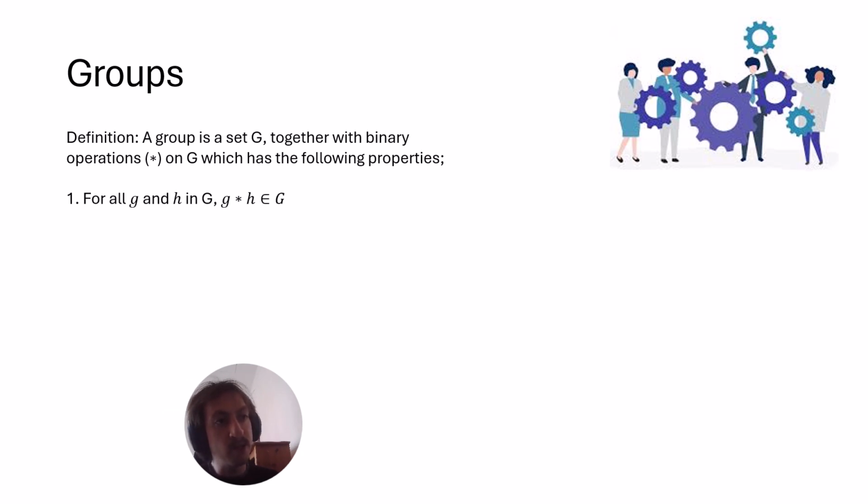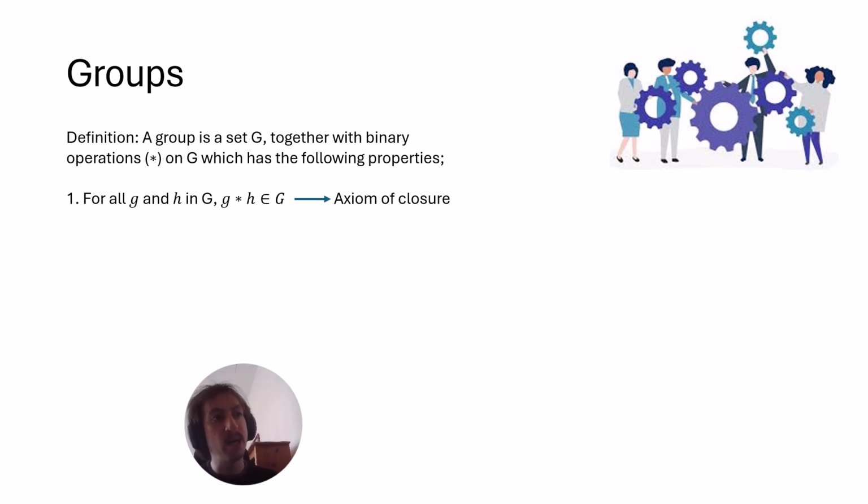So firstly, if G and H are elements of capital G, then when we combine G and H together through our operation, which is partially defining our group, we end up with another element which is also in G. And this is known as the axiom of closure.